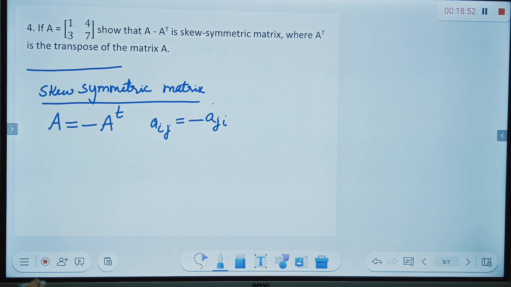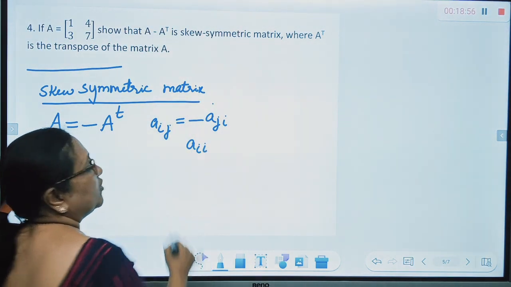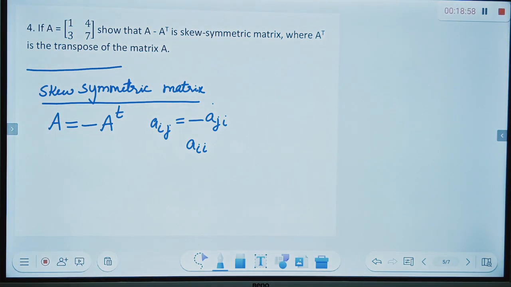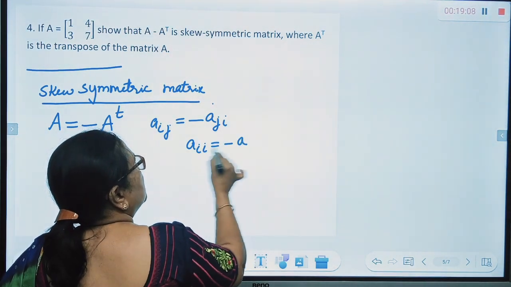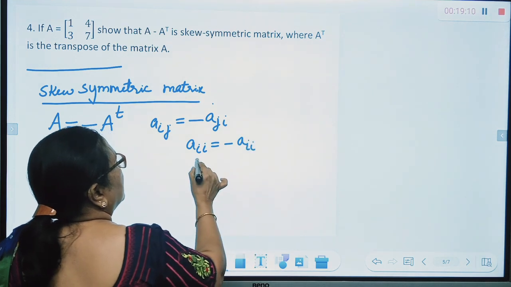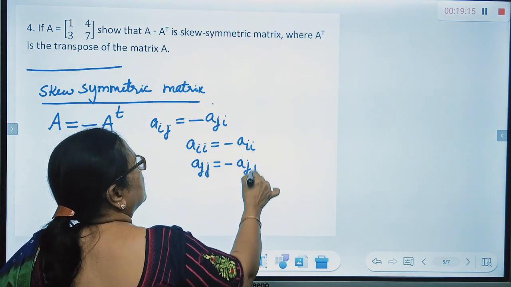So, first, what happens to elements of this kind? The diagonal elements. Suppose you have a 3 by 3 matrix. What are the diagonal elements? A11, A22, A33. So, Aii will be minus Aii. Ajj will be minus Ajj.